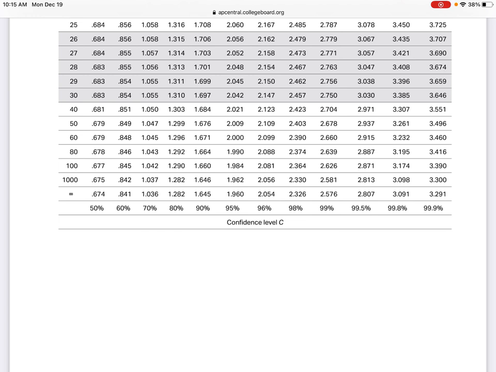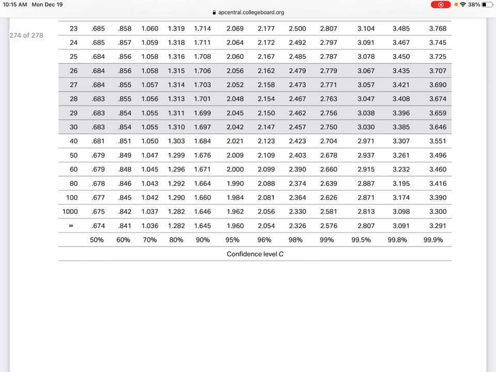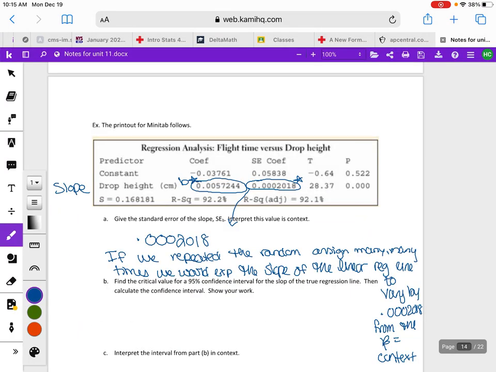In that question there, we had 70, so we would use 70 minus 2, which would be 68. So we need to go to 95, and then I would probably just use the 60, which is 2.000. That's going to get us close enough. So you can use your chart, but it should look very, very similar.